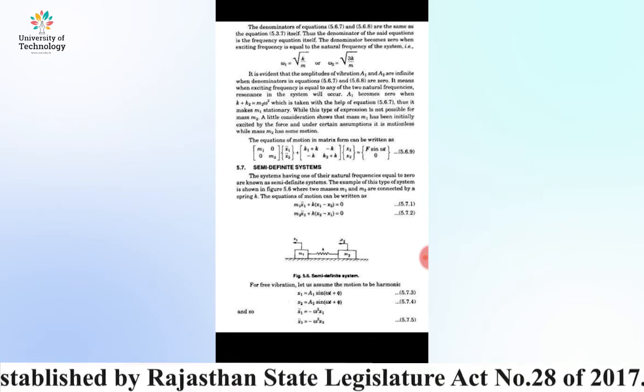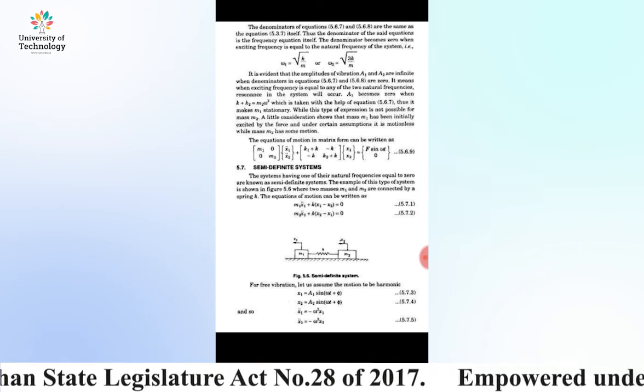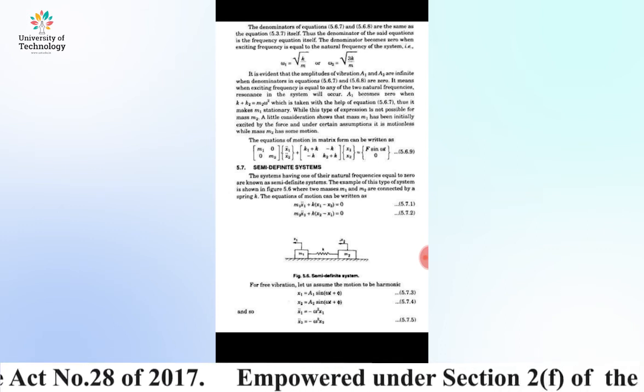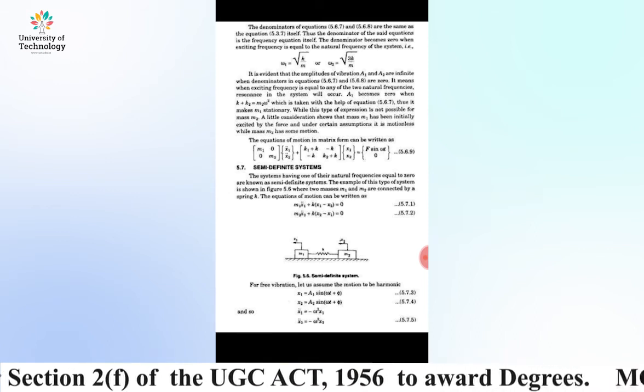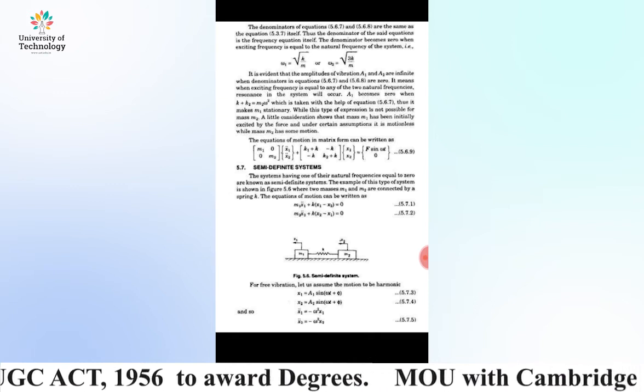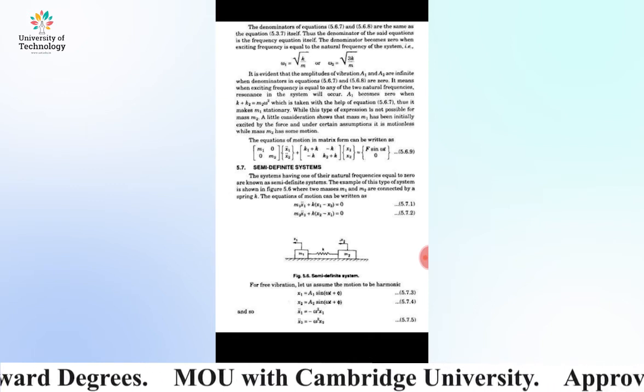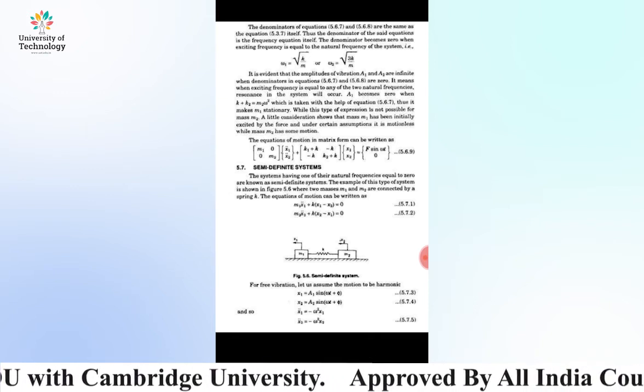For this, the equation of motion can be written as m1 x1 double dot plus k (x1 minus x2) is equal to 0, and m2 x2 double dot plus k (x2 minus x1) is equal to 0.